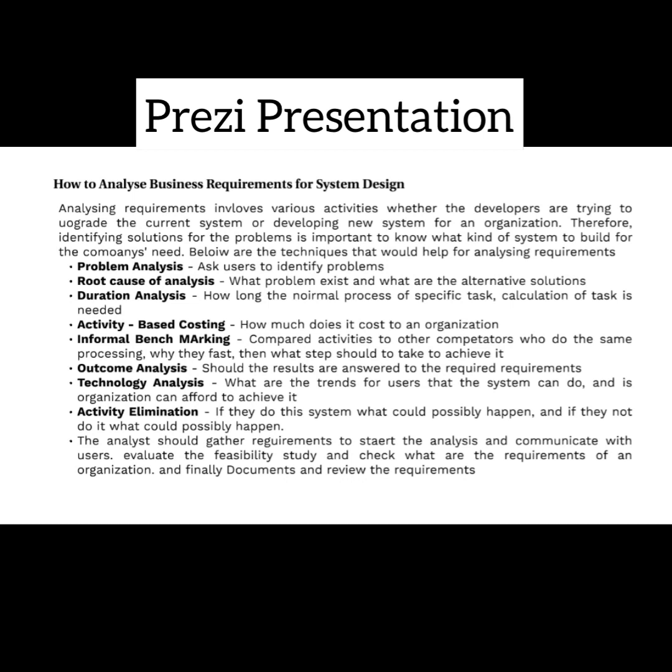We have informal benchmarking. It's a comparison of activities to other competitors who do the same processing: why are they fast, and what steps should be taken to achieve it. If the company is using an old system because of old technologies, they must change something that makes a difference for the processes.